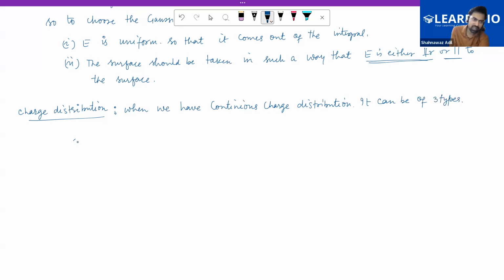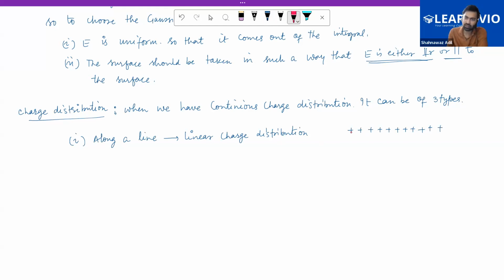What is the first type? That the charge is distributed along a line, and that is what we call a linear charge distribution. So let's say this is the charge that you have. Along the line, you have this charge, right?